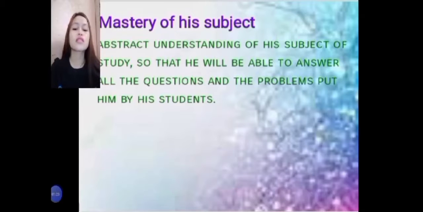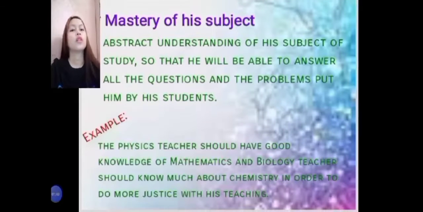A science teacher should not only be an expert in his subject, but also have a good working knowledge of other related subjects. For example, the physics teacher should have good knowledge of mathematics and biology. Teachers should know much about chemistry in order to do justice to his teaching.